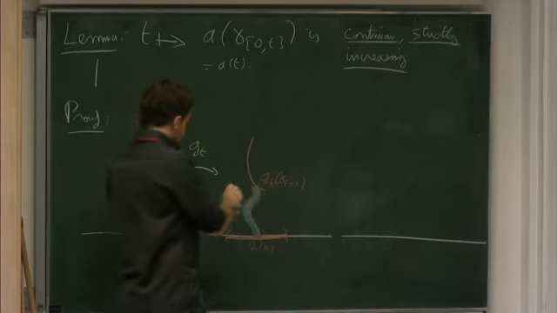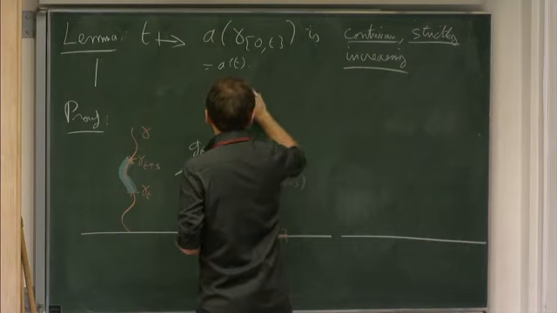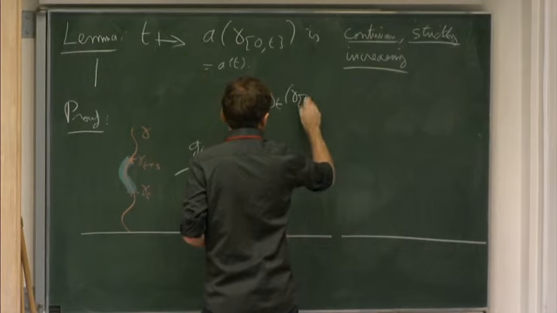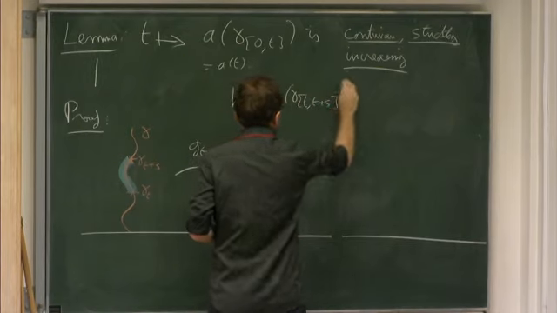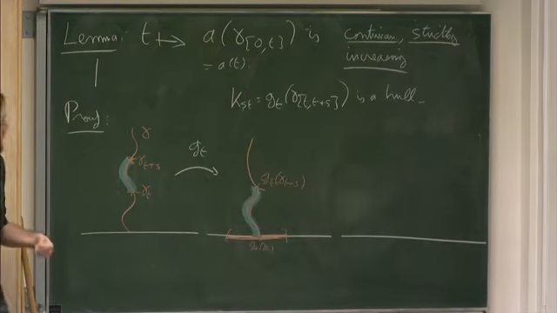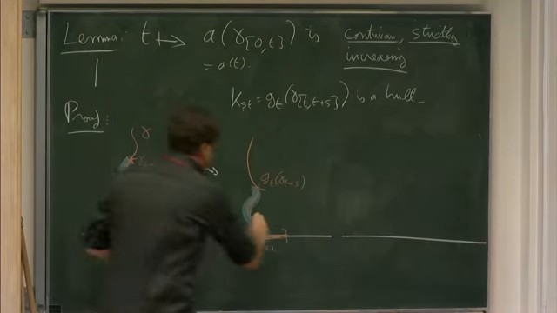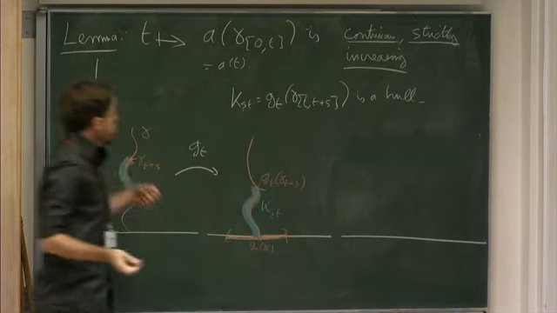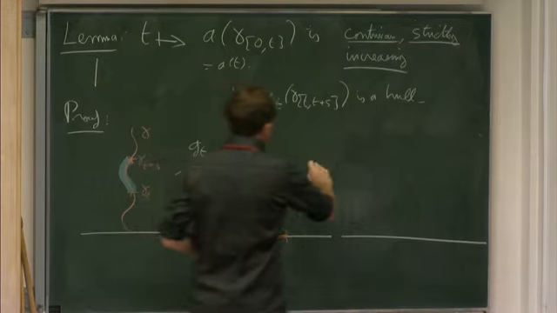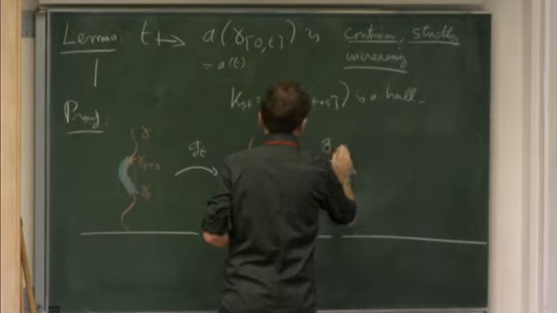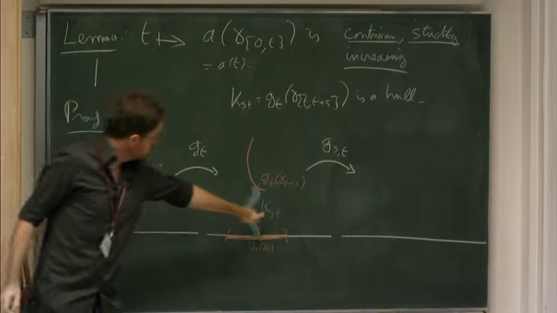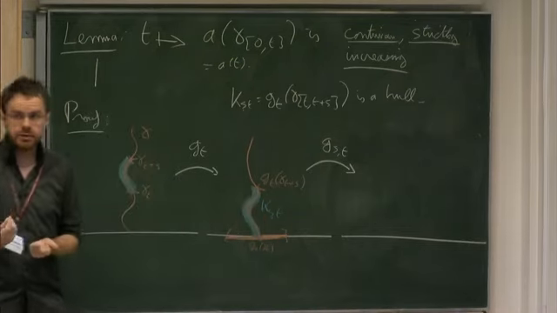It's still a simple curve inside h. So here, let's give it a name: K s t, which is g t of gamma between times t and t plus s, is a hull. So if it's a hull, it comes with a conformal map which removes it. So there is this map here, g s t, which is the map that removes the hull K s t from the upper half plane.